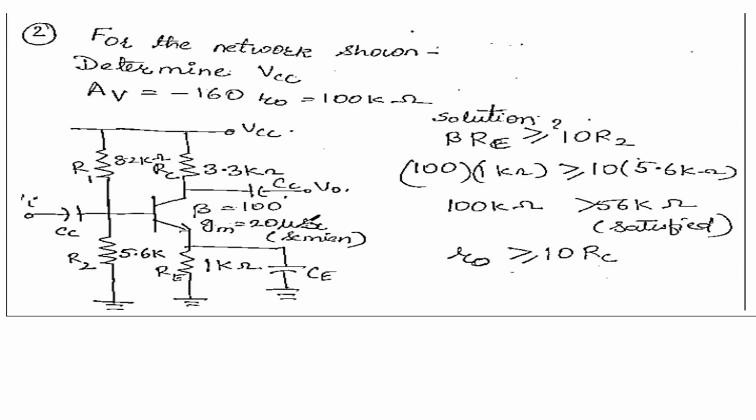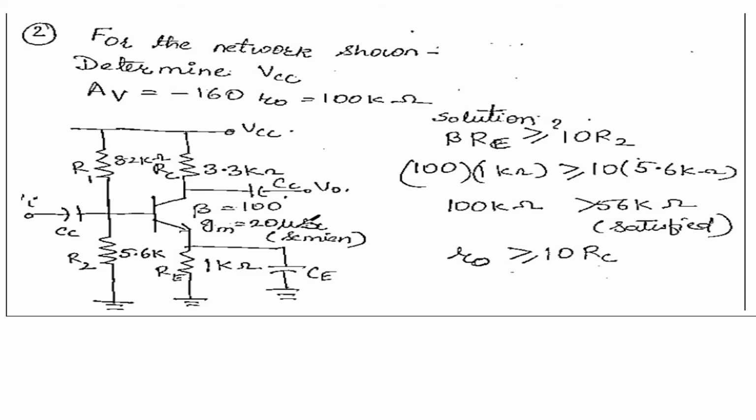So for the network shown, determine the value of VCC, that is AV is equal to minus 160 and R0 is equal to 100 ohms. The network is same as the previous problem. So you check the solution, check whether it is sustainable for stability.